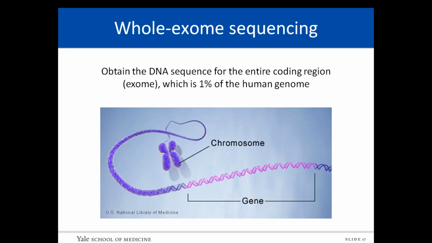The purpose of this is to obtain the DNA sequence for the entire protein coding region of the genome, known as the exome. And this is just 1% of the genome. So along the chromosome are segments that are genes that code for proteins, and in between these gene segments are intergenic regions that are not known to code for proteins.